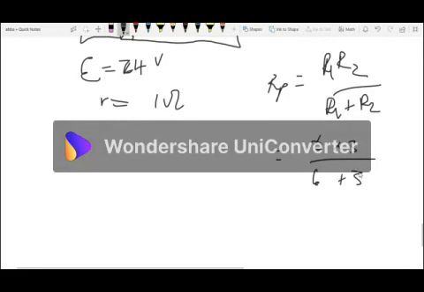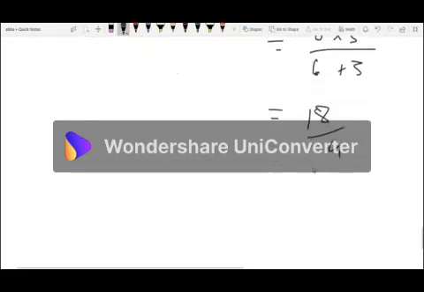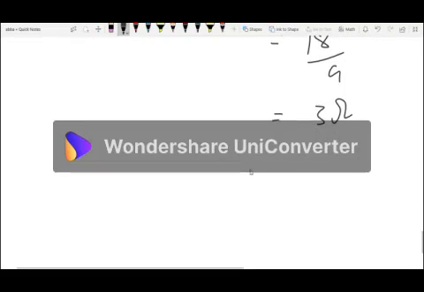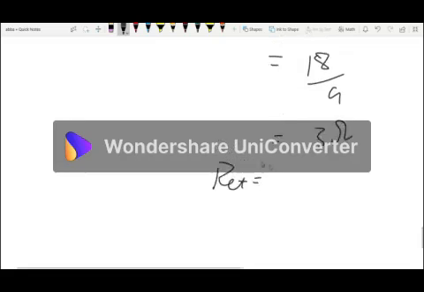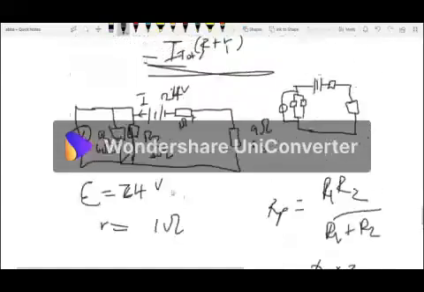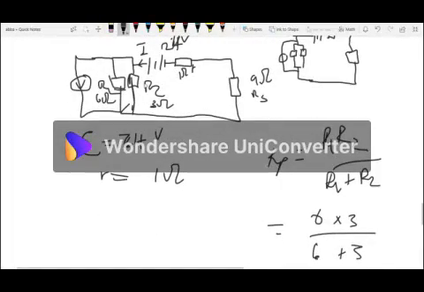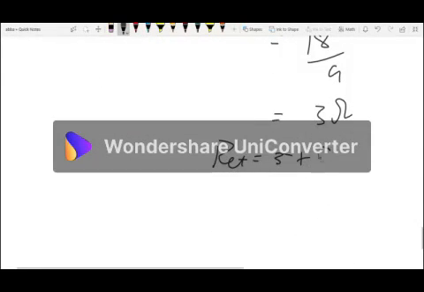So now we have 6 times 3 is 18, so it's 18 over 9. 18 over 9 is 3. So the effective resistance in parallel is 3. Now the external resistance all in all is going to be what? This is going to be one thing, it's going to be 3, then 3 plus 9. Now 3 plus 9 is 12, right?